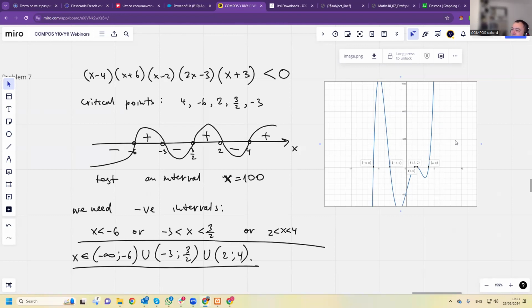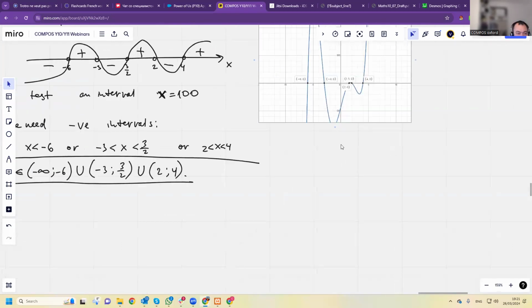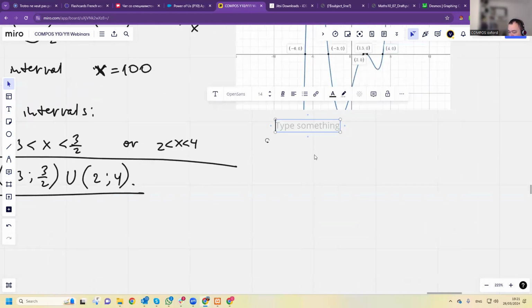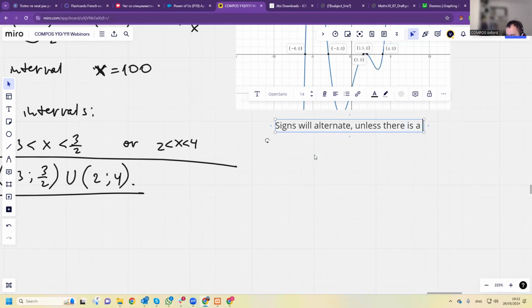Does that make sense? Yes, usually it alternates. Let me write this down. Signs will alternate unless there is a special case.